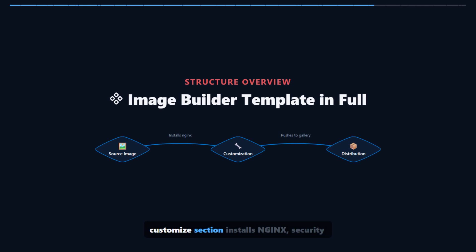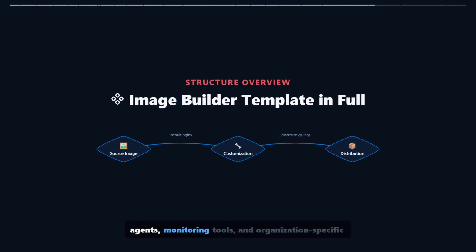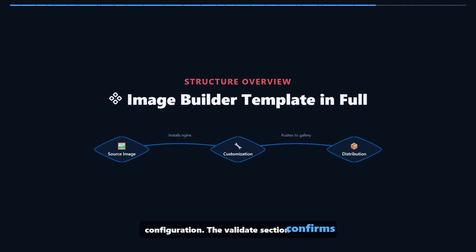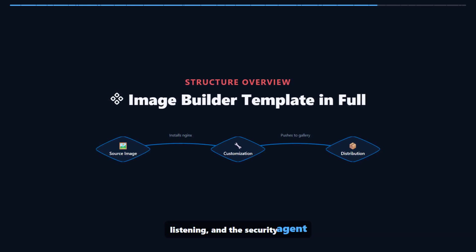The Customize section installs NGINX, security agents, monitoring tools, and organization-specific configuration. The Validate section confirms that the required packages are installed, the NGINX service is running, no prohibited service is listening, and the security agent reports a healthy state.